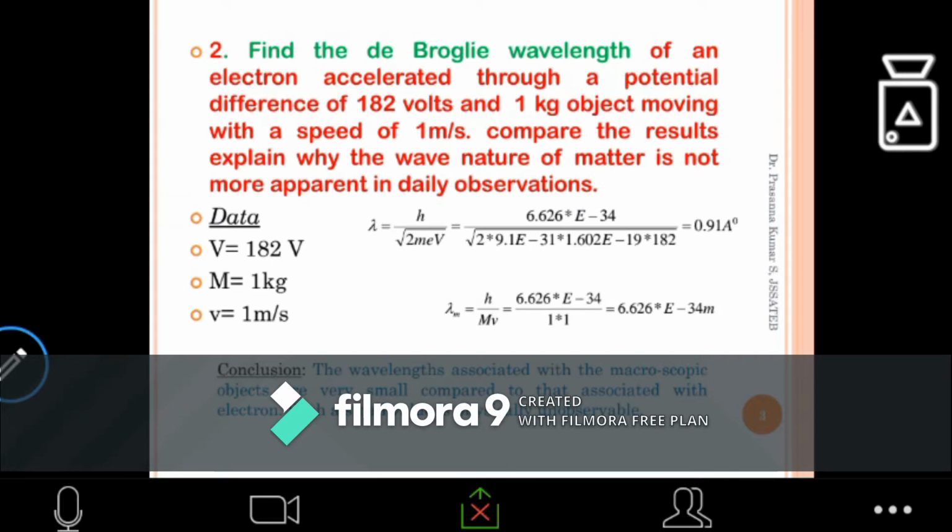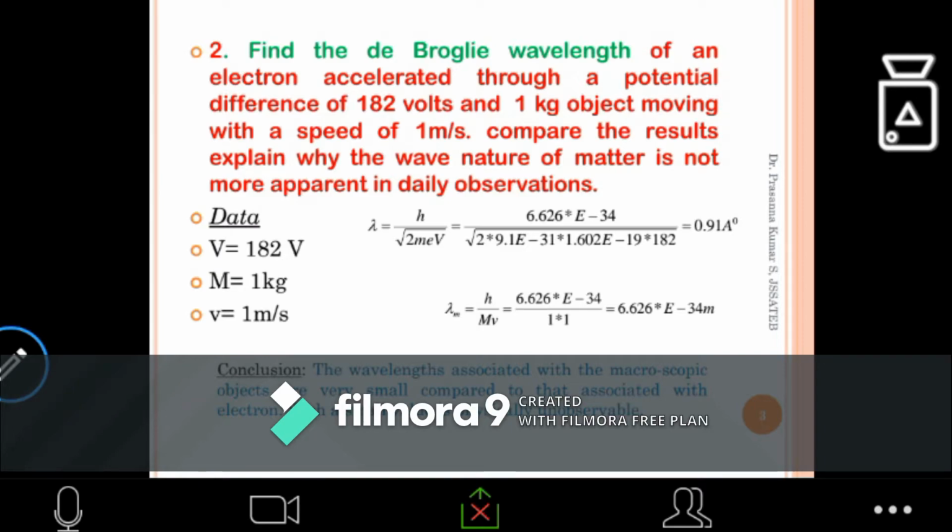Next: find the de Broglie wavelength of an electron accelerated through a potential difference of 182 volts, and of a 1 kg object. Here we have considered two objects. One is an electron, and the other is a 1 kg mass, both moving with a speed of 1 meter per second.